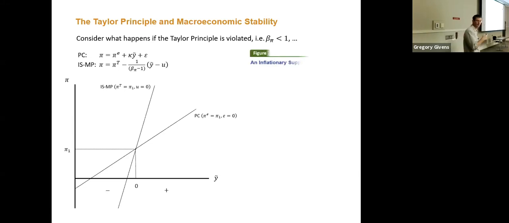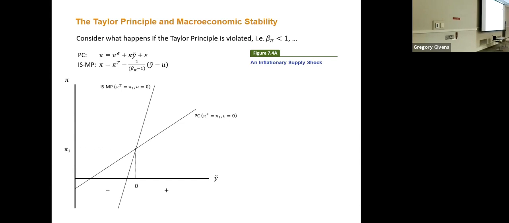All right. I want you guys to tell me, let's re-examine one of the cases that we considered in the last class. What happens if there is an inflationary supply shock, in the sense that there is this adverse shock to the Phillips curve that is a positive value of epsilon?